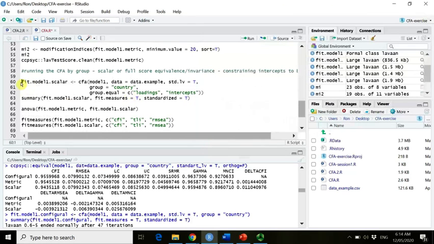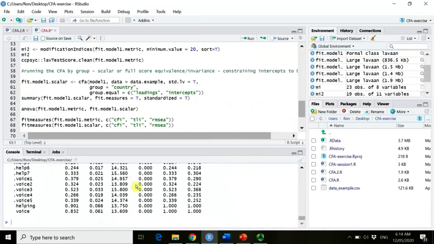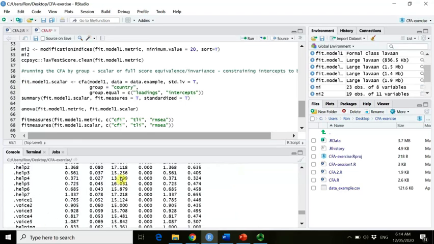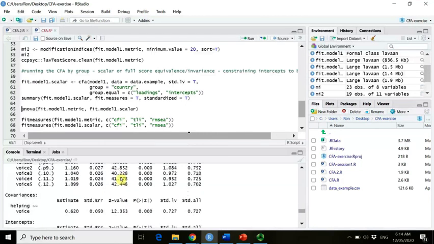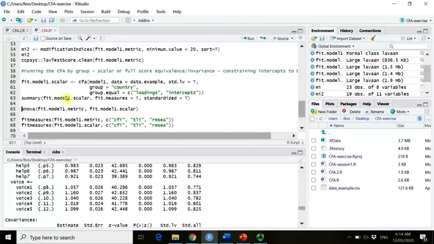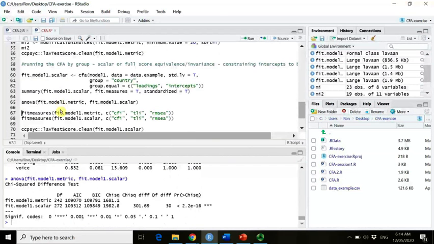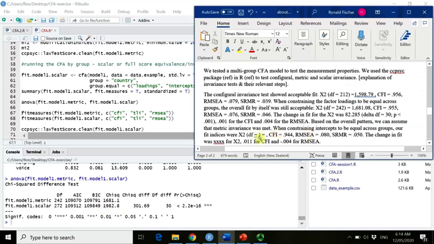So if I run this model up here and we get our chi-square, actually we could just make it much simpler. So the scalar chi-square here is 1982. So the degrees of freedom for the overall fit are here. So it's 272.